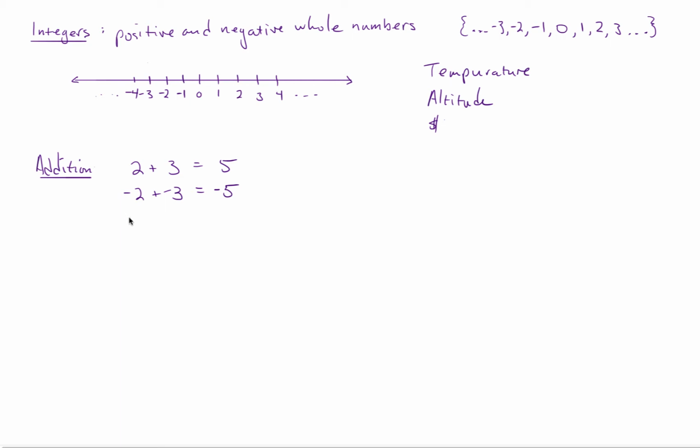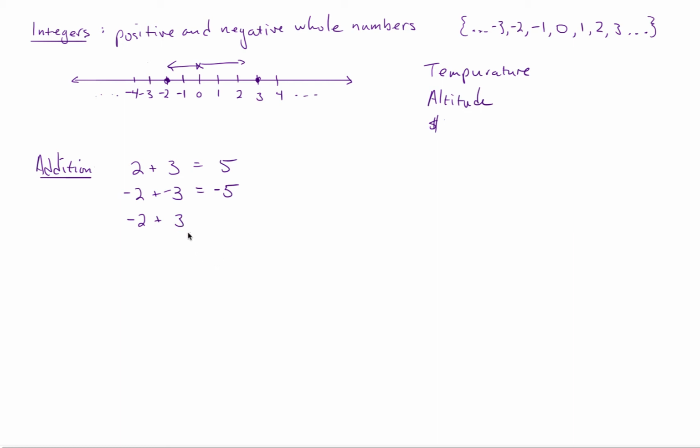So what happens if they're different signs? Negative 2 plus 3. Well, here's 3. Here's negative 2. If you think of it like the tug of war with your flag in the middle, they're now working against each other because they're different signs. So even though there's a plus sign here, the actual arithmetic is a subtraction problem.